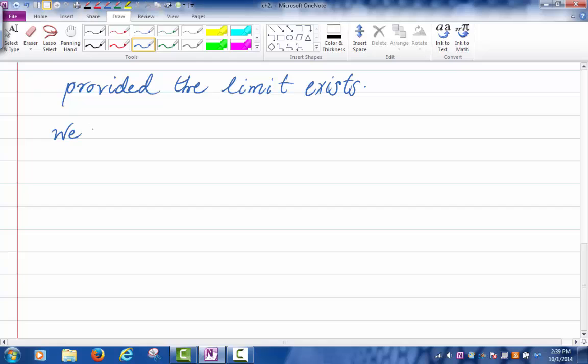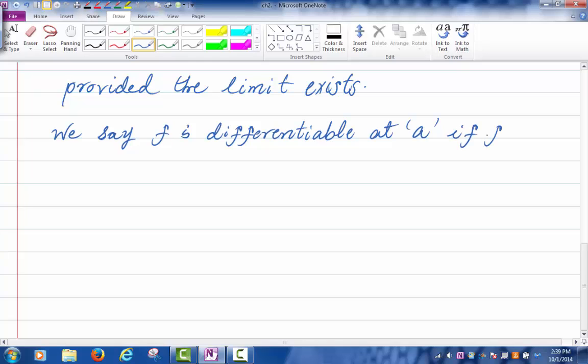We say f is differentiable at A if f prime of A exists, meaning that f prime of A exists means that that limit exists.